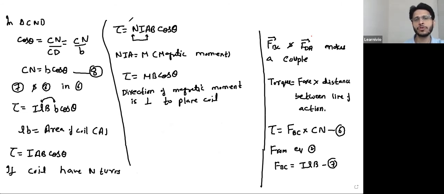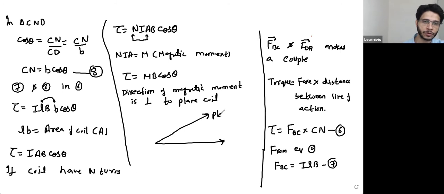Okay. So if you want to check, this is horizontal. This is the plane of coil. Let's call this as equation number 9. This is plane of coil and this is the horizontal direction. You can say this is your magnetic field. What is the angle between plane of coil and magnetic field?